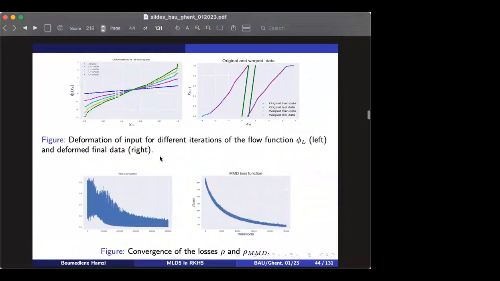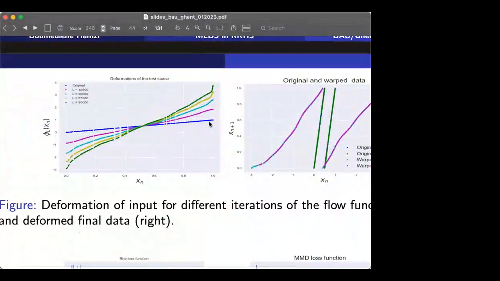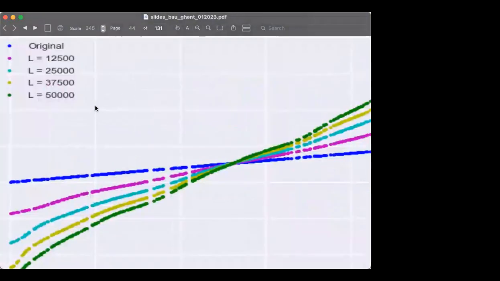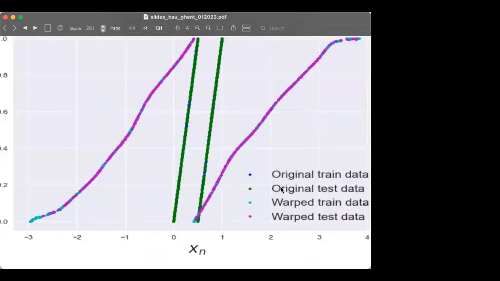And this is the deformation. For example, we start with p_n equal to x_n, so that's the blue, and then green is what happens after 50,000 iterations. So this is the data: the original training is blue, and the original testing is green, and then the warped.